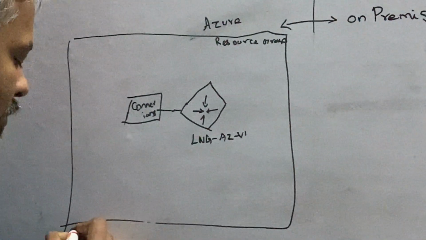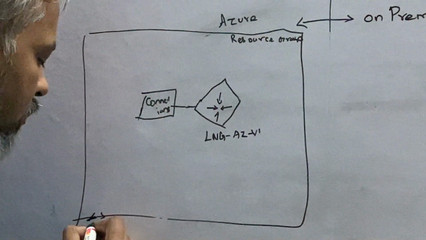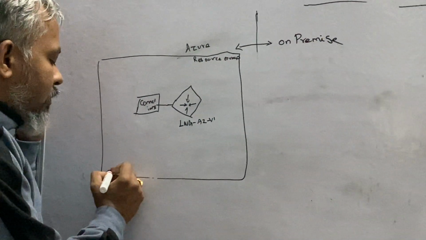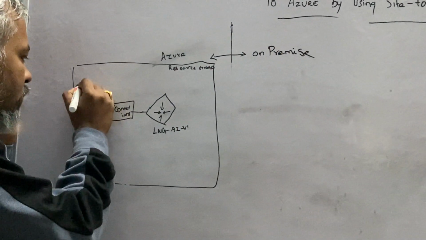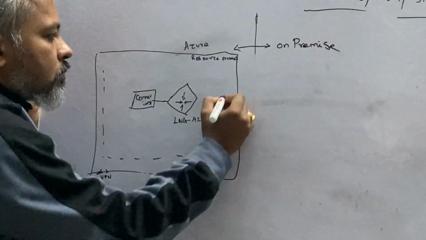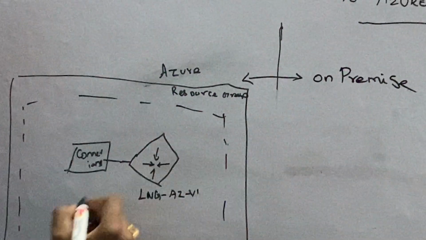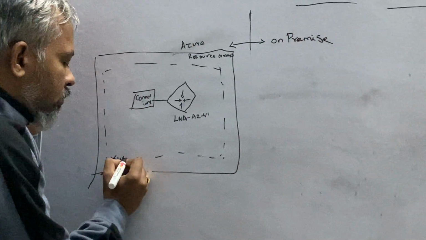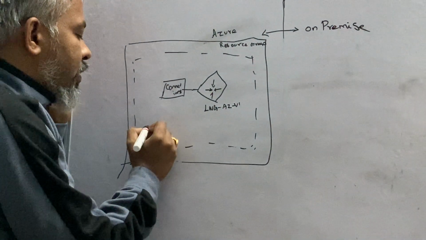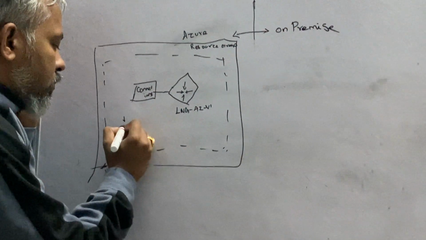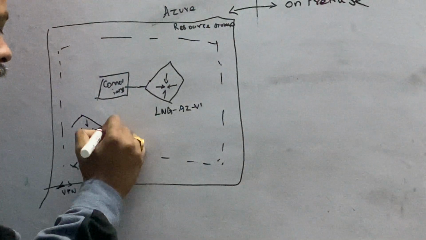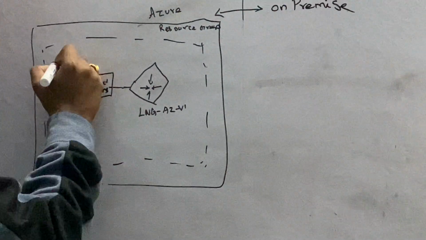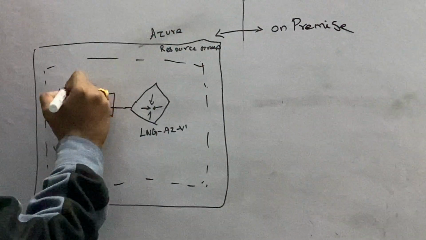Down below that we have a virtual network, VPN, and then we are going to have a subnet, and inside that you are going to have a VPN gateway, and then you are going to have a public IP.